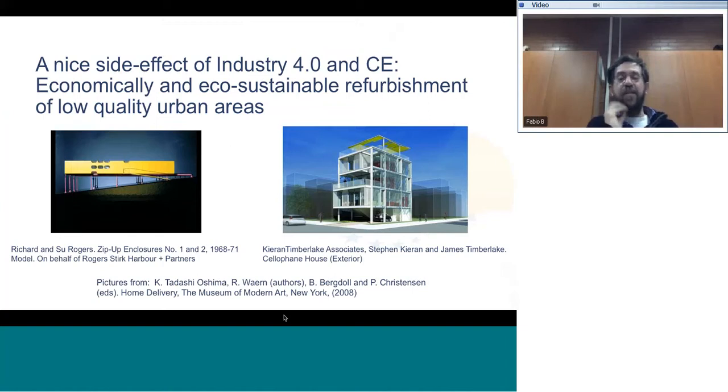For decades, people like Rogers or other famous architects with a social concept, with the aim of improving the lives of most of the people, proposed low-cost, high-quality constructions for human welfare.